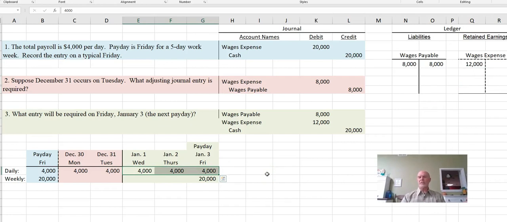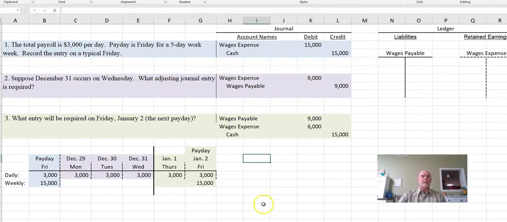Remember, we set that back to 0 through the closing entries, so we're starting fresh. And so for Wednesday, Thursday, and Friday, the wages expense in the new year is $12,000. Okay, so that's how we record wages. And let's look at one more example of that.